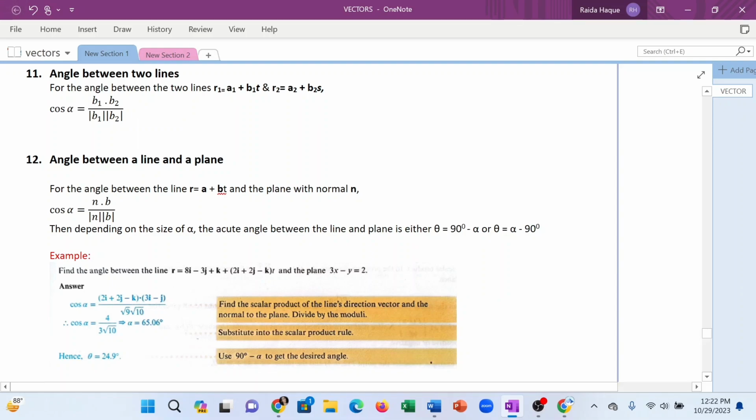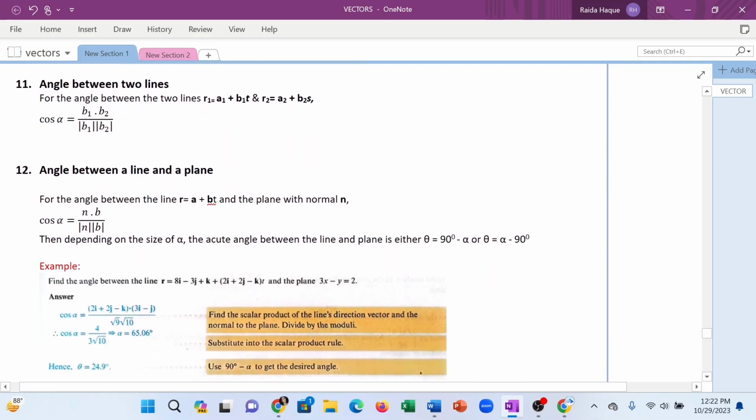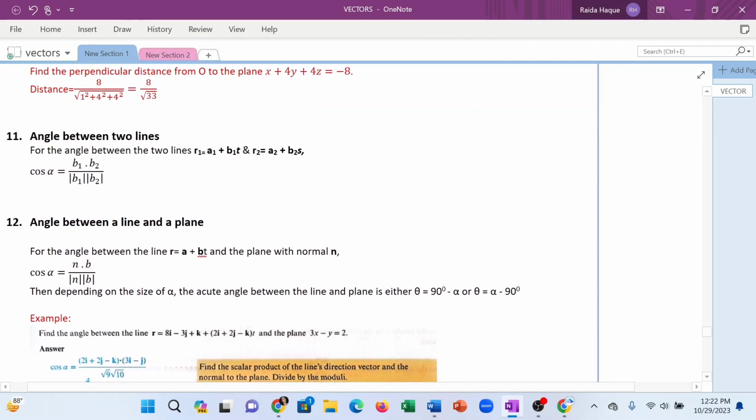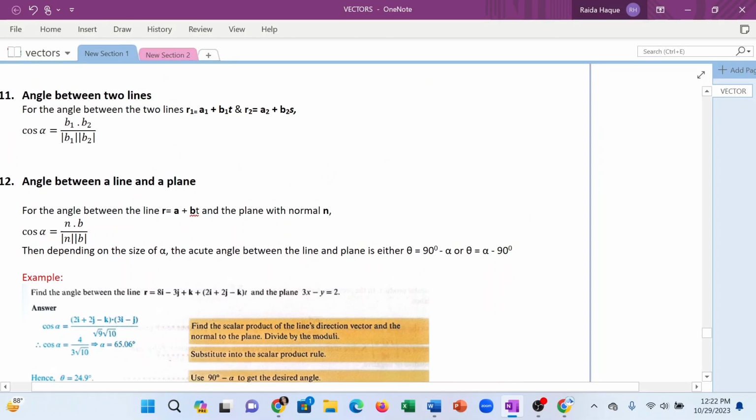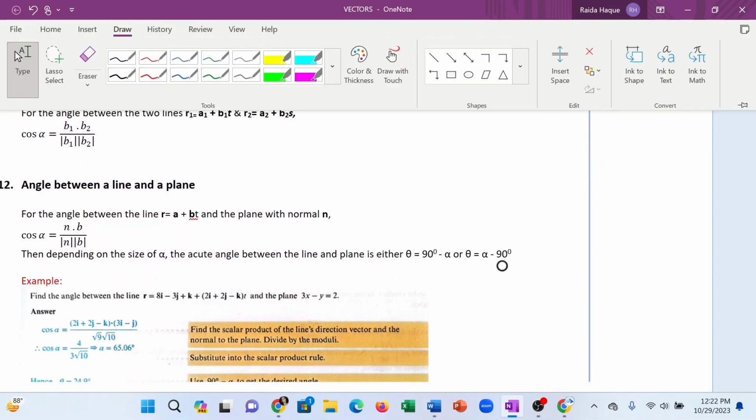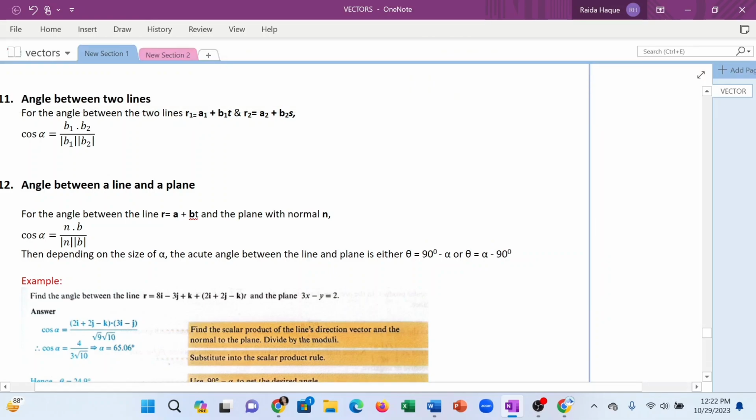So over here, we're finding the dot product of the direction vectors 8 minus 3 and 1 with the direction vector of the normal, which is 3 minus 1 and 0.